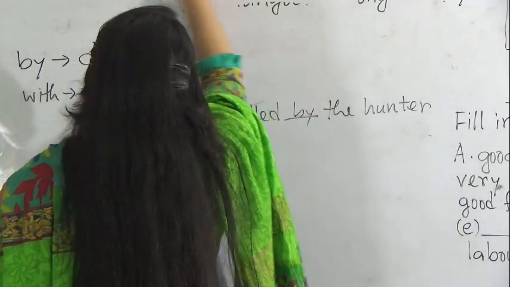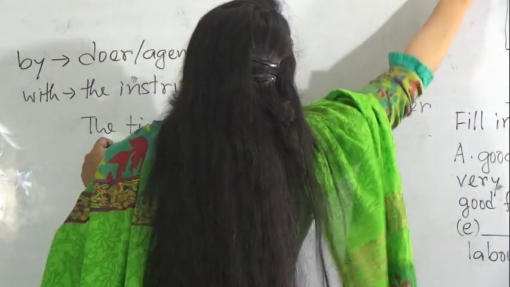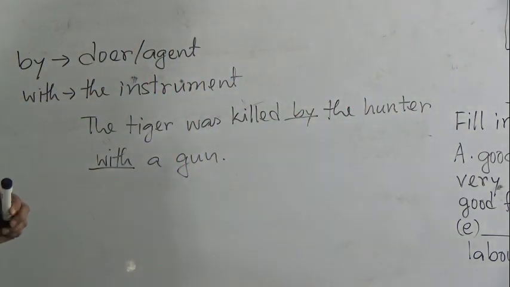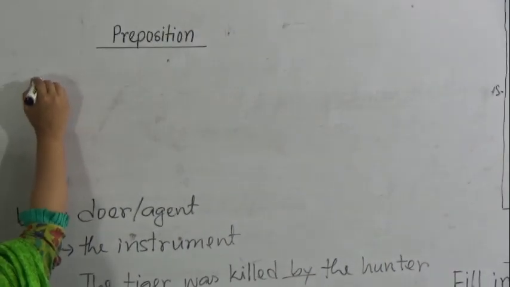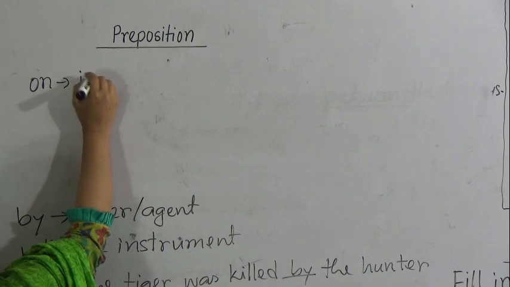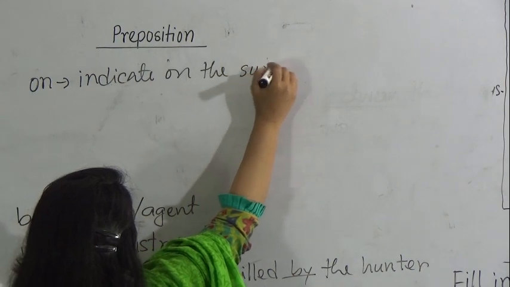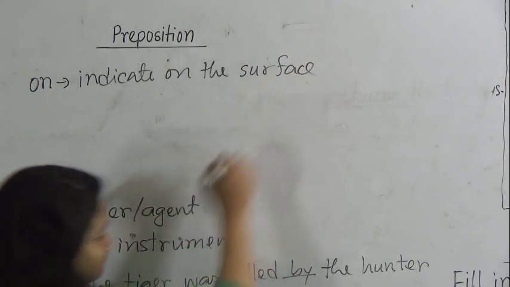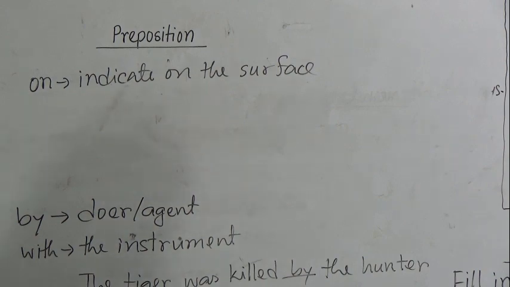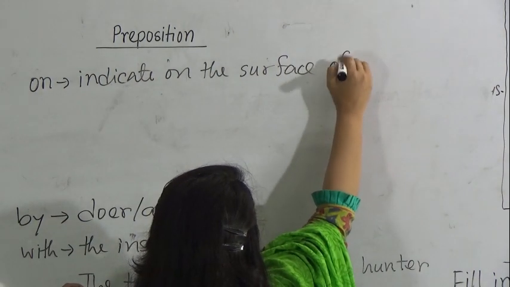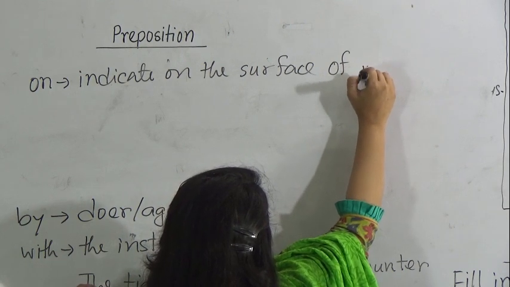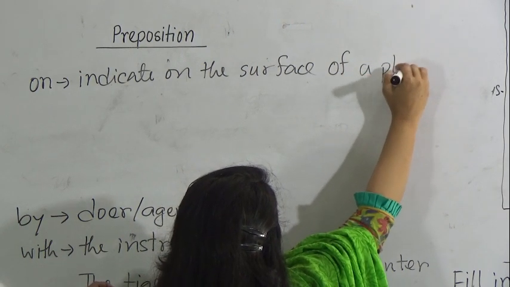A few minutes ago we have learned that we can use on to indicate the surface of something, a place or something.